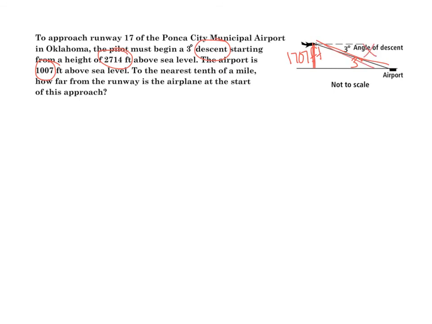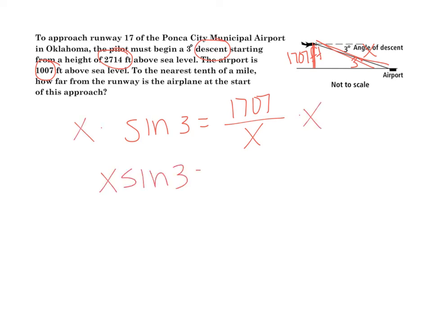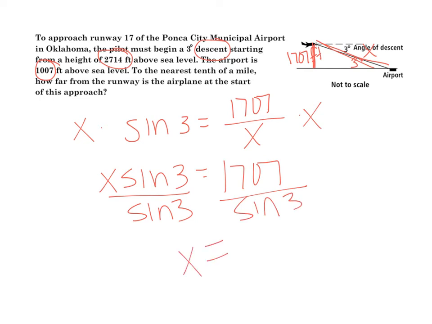So what that means is that based on the angle, we're going to use sine. So sine of 3 is equal to 1,707 over x. So we do our algebra here, times x on both sides. So x sine of 3 equals 1,707. Divide both sides by sine of 3. So x equals 1,707 divided by sine of 3, which gives you about 32,616 feet.